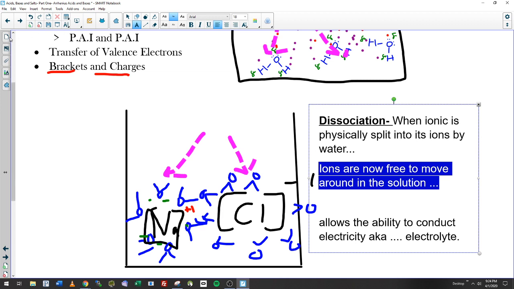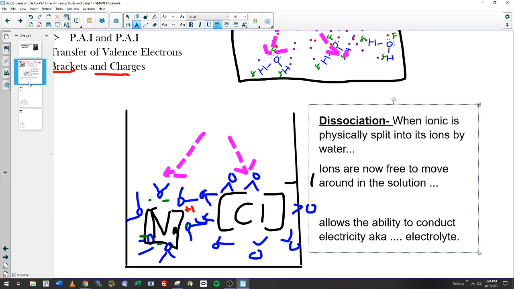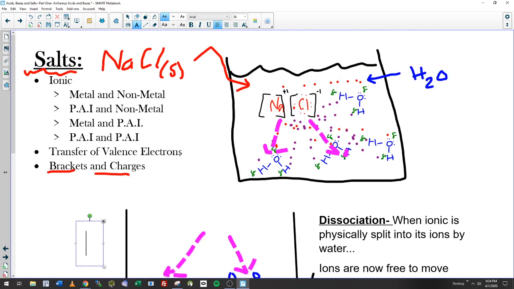If there's no questions, I'm going to start moving on to the next component, which is the salt component.